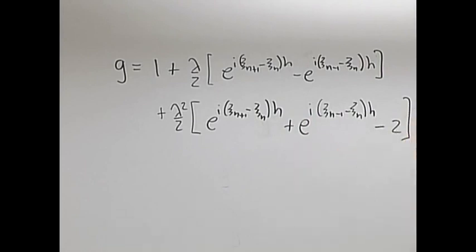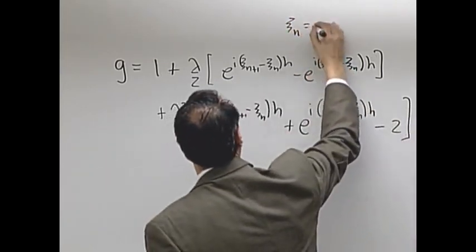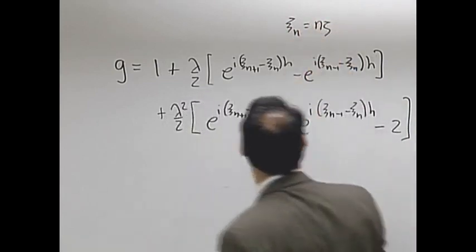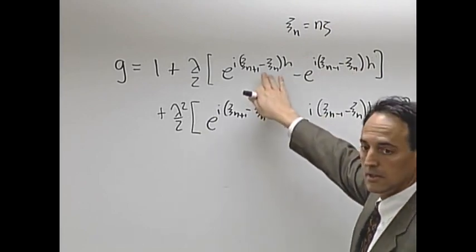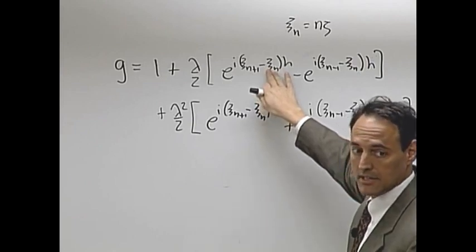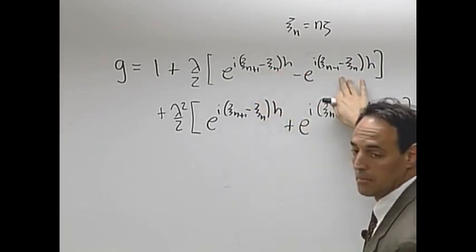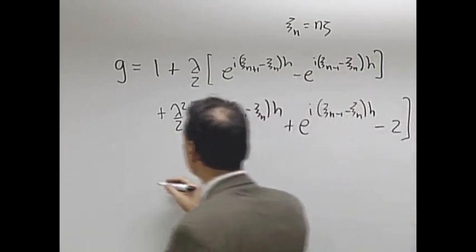This is what you get. Fairly clean. Okay? Once again, you assume that your c of n are n zeta. Okay? And if you do that, then this becomes e to the I n zeta minus e to the minus I n zeta. Okay?